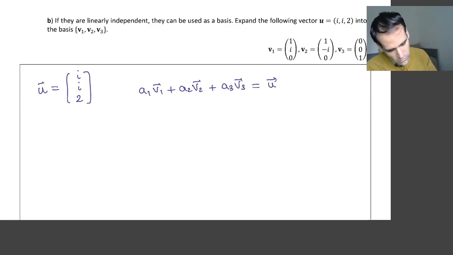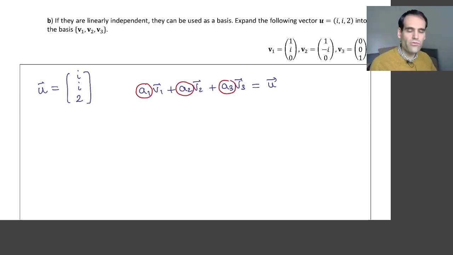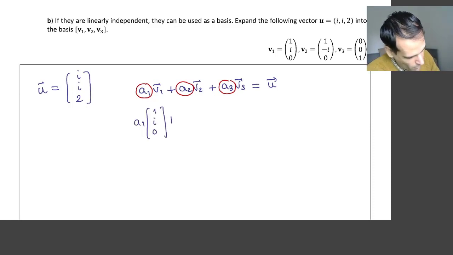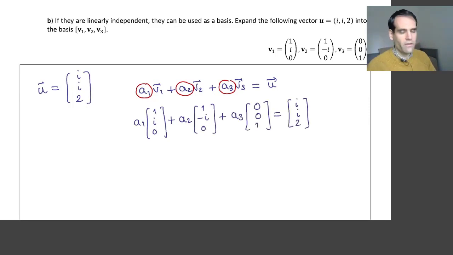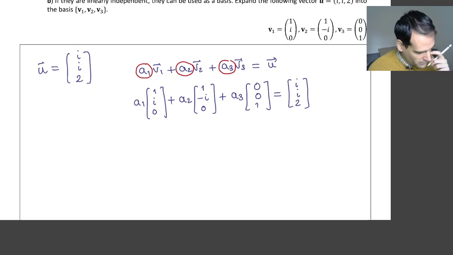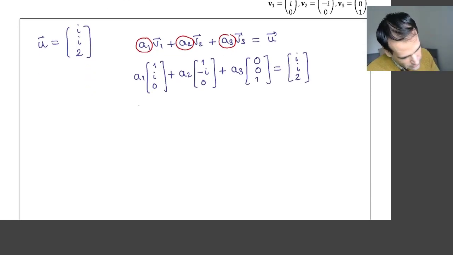We need to find which linear combination of the basis vectors, with coefficients a1, a2, and a3, gives rise to the vector u. That's what expanding a vector in a basis means. So we need to solve these three equations simultaneously.